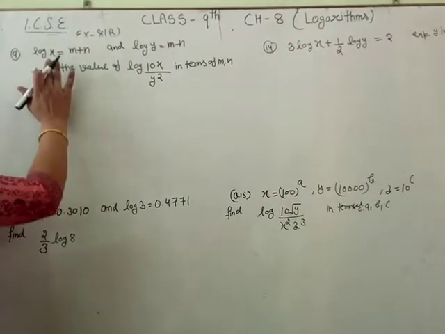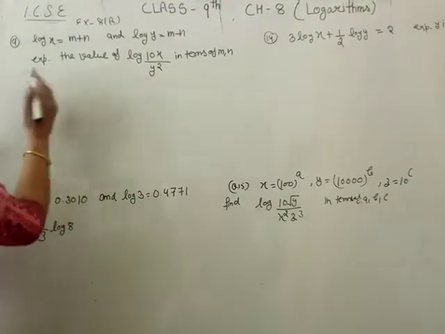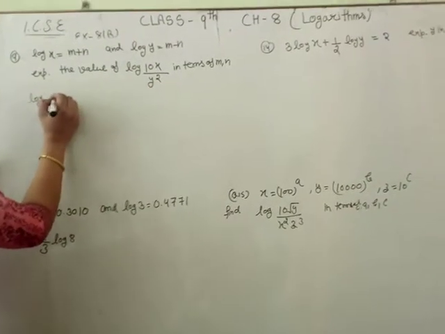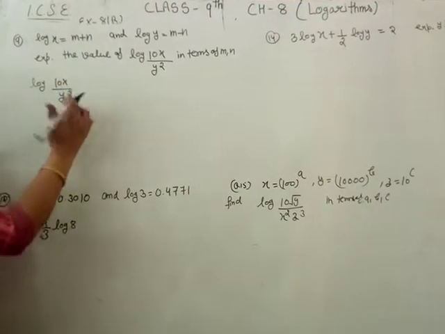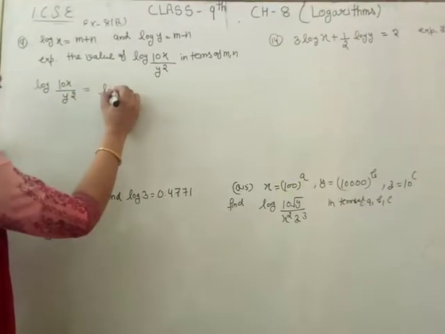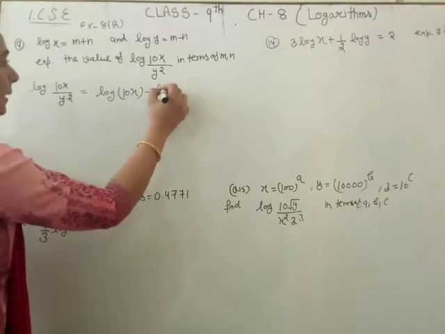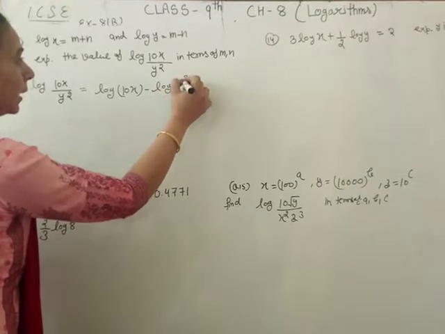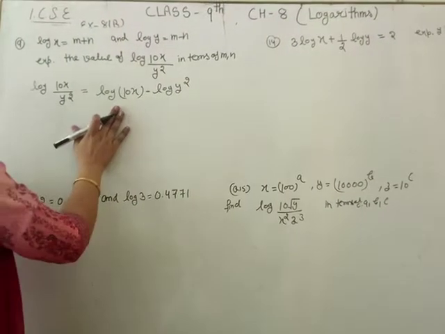We take log 10x by y squared. According to the quotient law, we write log 10x minus log y squared. Okay student, if there is no base, then we take base 10.